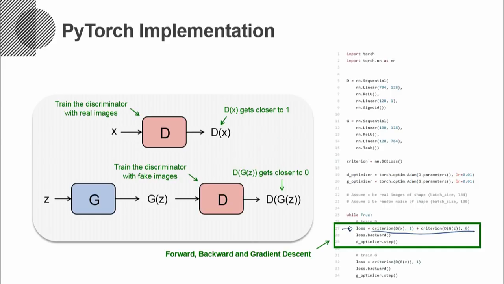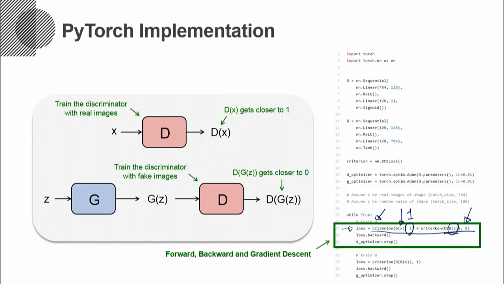And this one is actually the objective function for our discriminator network. So when given the real image X, the corresponding label should be 1, which means these images are real images. And in the case of these generated images, the output should be close to 0.